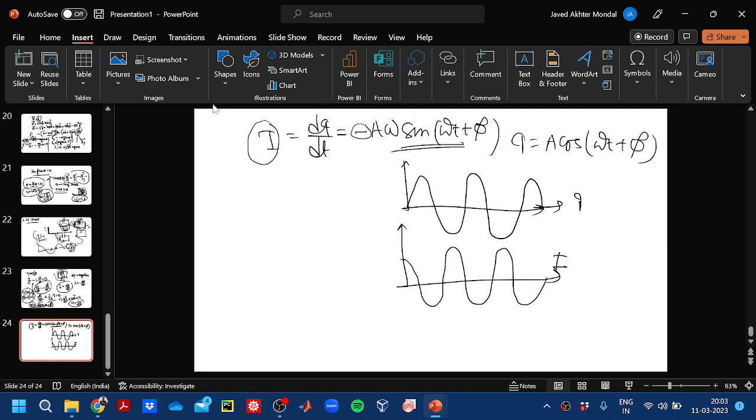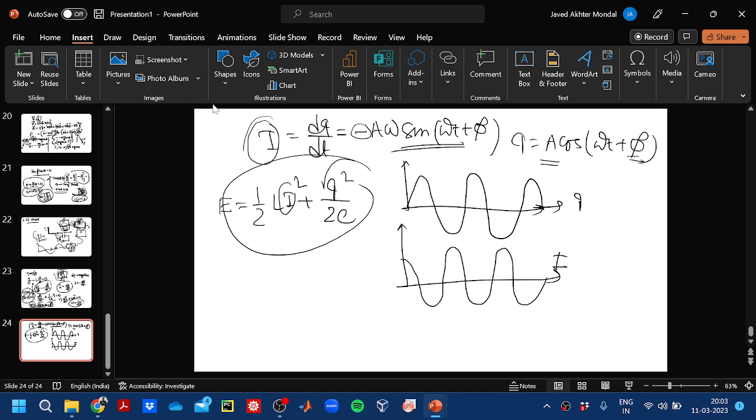In that way we can also calculate energy. Energy is half L I square plus q square by 2C. If we calculate the coefficients A and phi, and from that calculate I, and if we calculate the energy, then we will see that it is conserved.